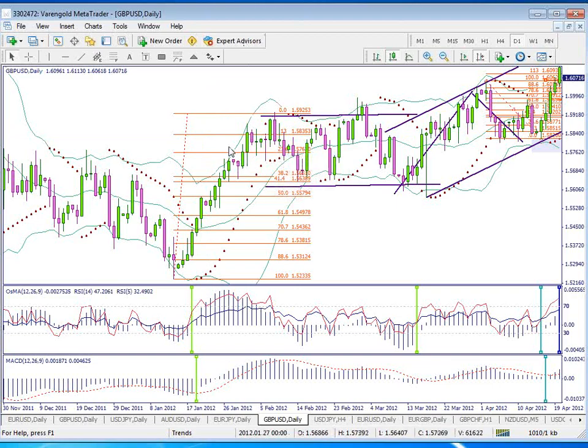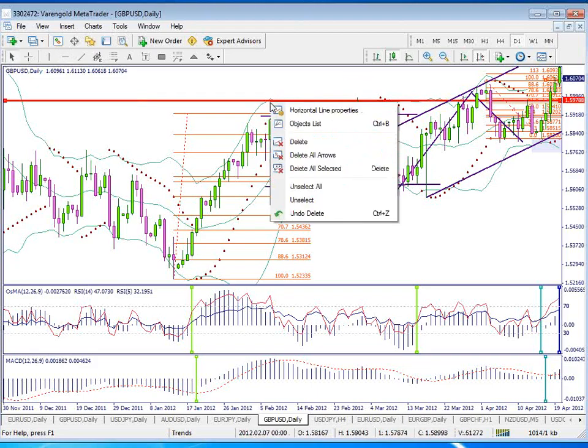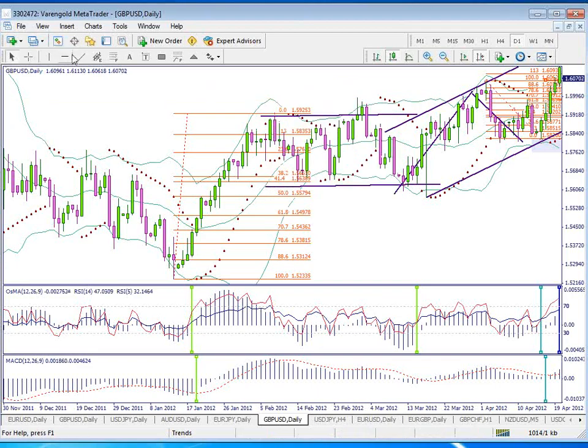So ideal for me will be to have one stop loss at this high, 2-3 pips above this high, or if I want to be safe, on this level where I have the upper line of the Bollinger Band.